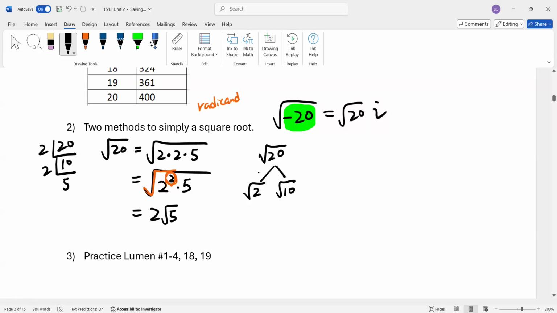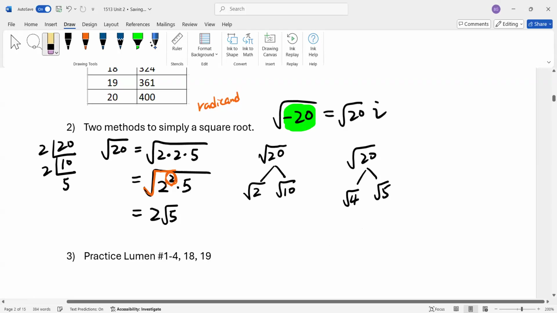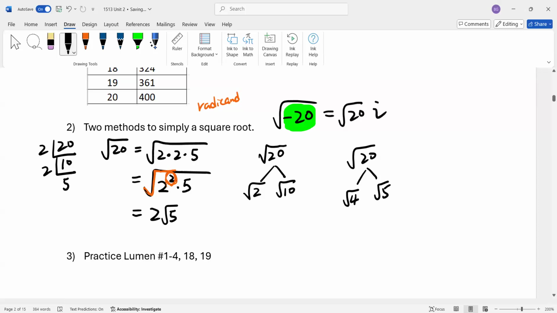For example, 20, okay, I know 20 is 4 times 5. Write it down: square root of 4 times square root of 5, right? And don't forget, there's a square root symbol. You have to carry it down all the time. And the square root of 4 is 2, right? And you have 2 and the square root of 5, and done.